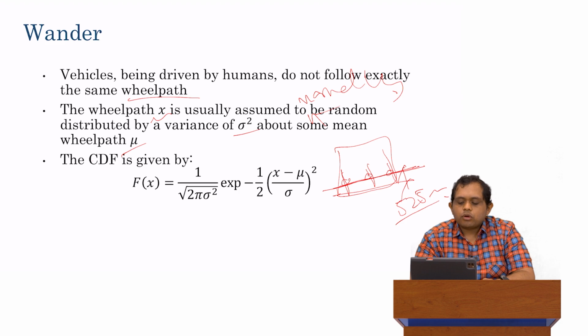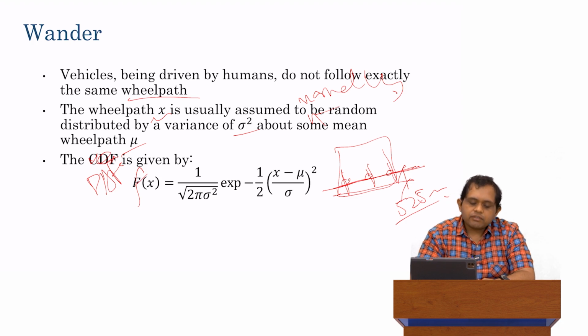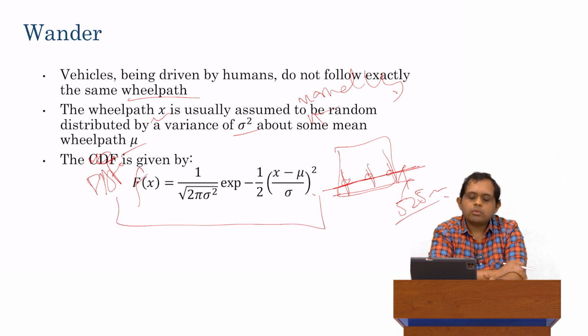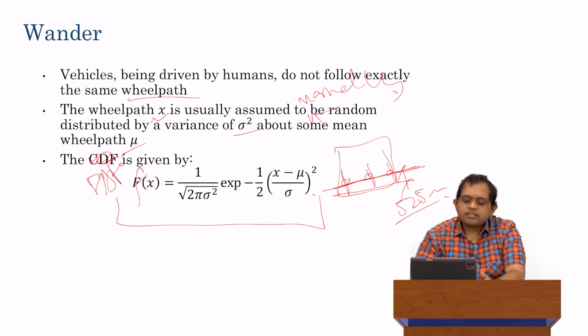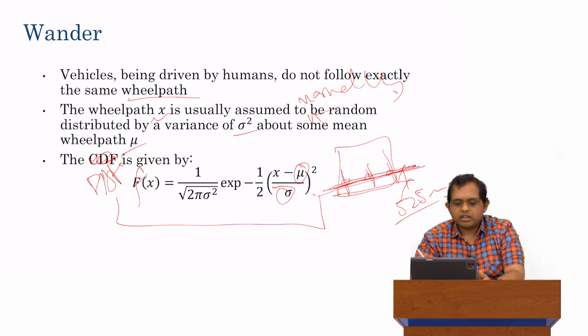In that case, the probability distribution, this is not the CDF, by the way, this is just the PDF, of the wheel path, if we assume it's a normal distribution, which is generally the assumption we make, is what this normal distribution looks like. Here mu is the mean wheel path, or the average wheel path, and sigma is the standard deviation of the lateral position of the wheel about the wheel path.